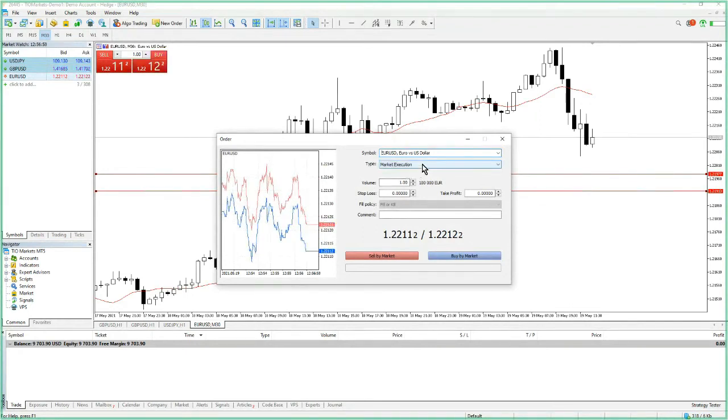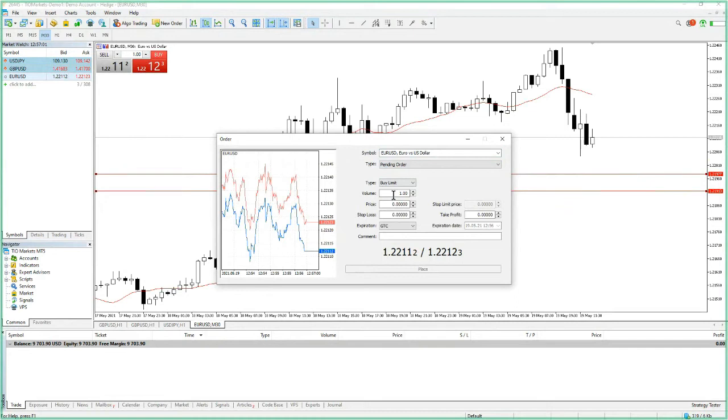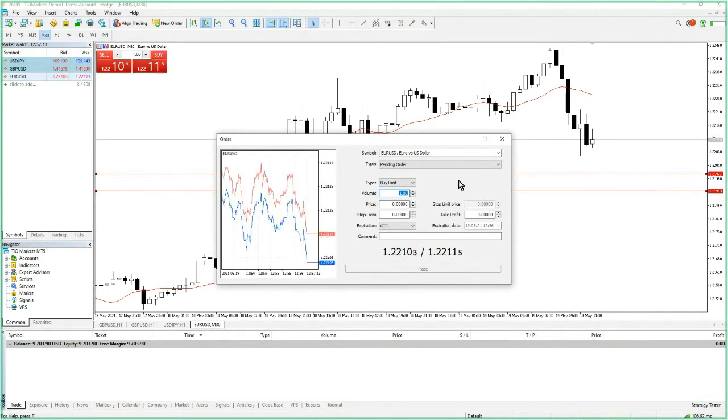Then instead of market execution, we choose pending order. The volume is 1 because we set that in the tools menu to be 1 each time. Whether you actually want to scale in or go with one single order is really up to you, but this time I'm going to use one lot here.